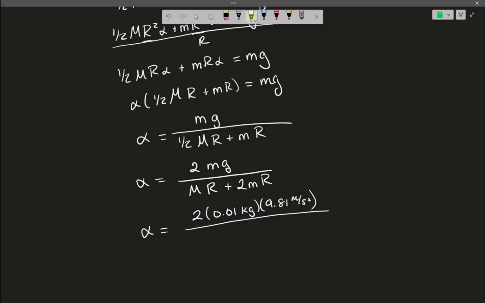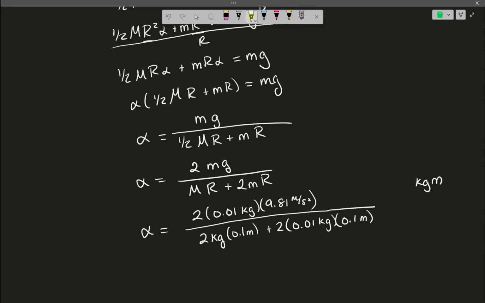And I'm going to divide this by the mass of the wheel, so that's 2 kilograms, times the radius of the wheel, so that was 0.1 meters, plus 2 times the mass of my little sphere, and times the radius of my disk here.